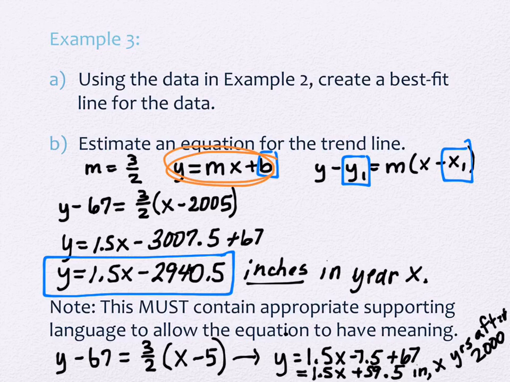And you can simply plug that number in for b. You do have to be careful, like this note says, to have the language here that tells me how to use your equation. If you don't, then I don't know what I put in for x in the year 2015. Are you with me? How do I know if I put in 15 or 2015 or 115 or whatever? I don't know because you didn't tell me.